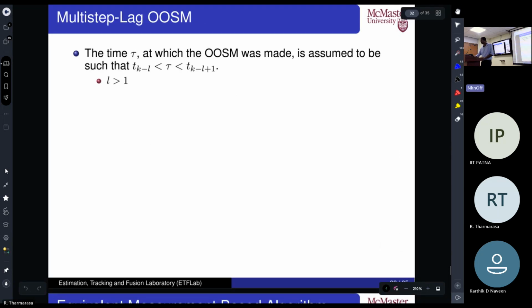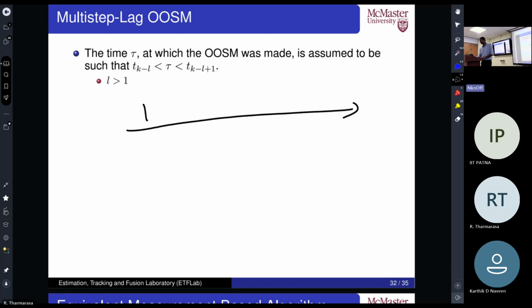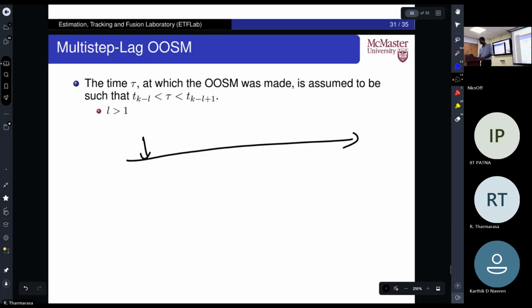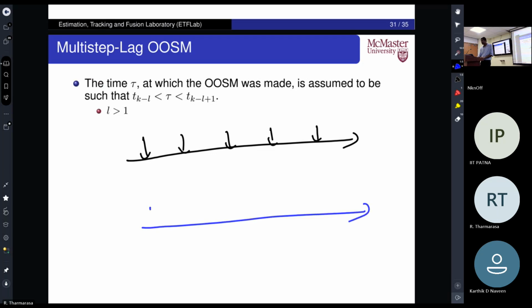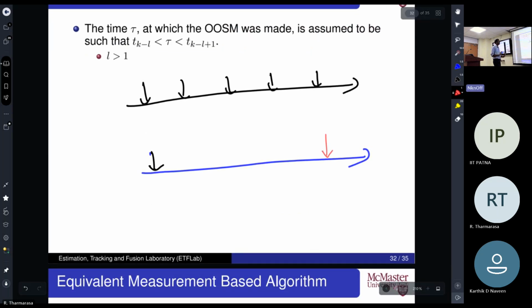Okay, in the equivalent measurement, let's say you have a situation like that. This is the idea of equivalent measurement. So in the normal case, you have one measurement here, another measurement here, another here, another here.